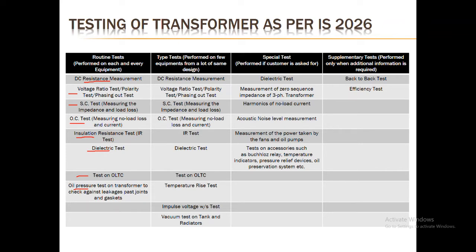These are the routine tests which you have to perform on each and every transformer.